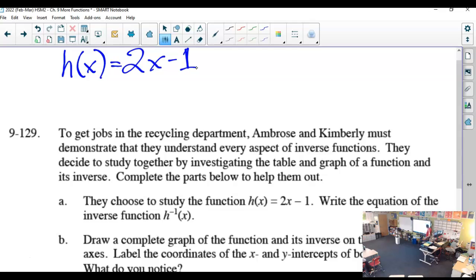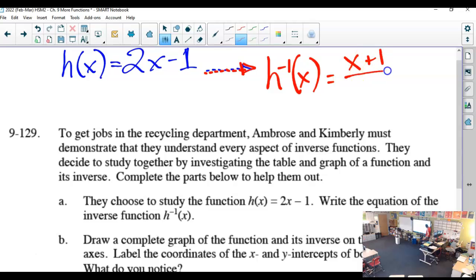The inverse function of it would be, we'd have to add 1, then divide by 2. 1/2 x plus 1/2. That's what I got.